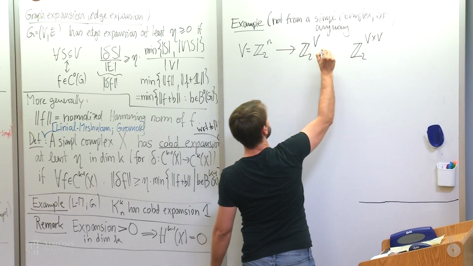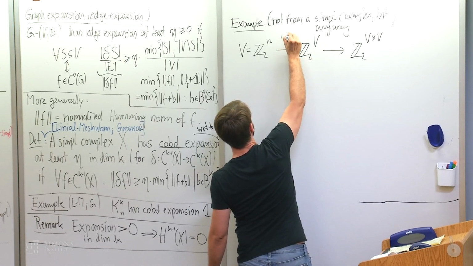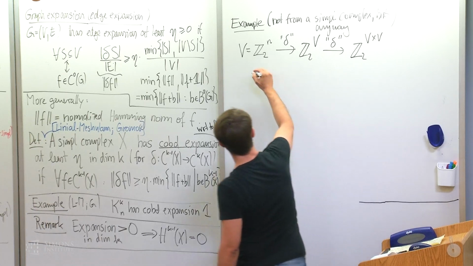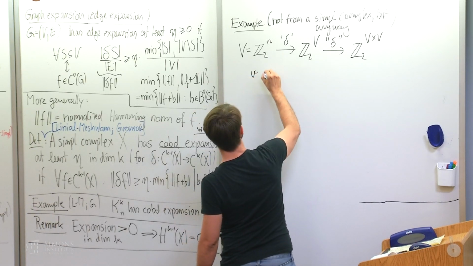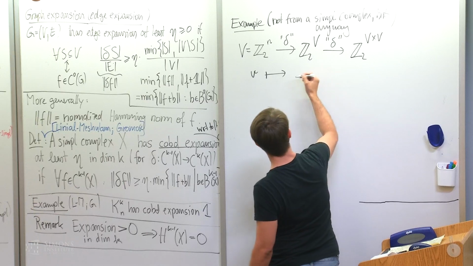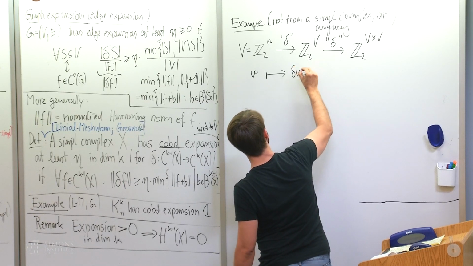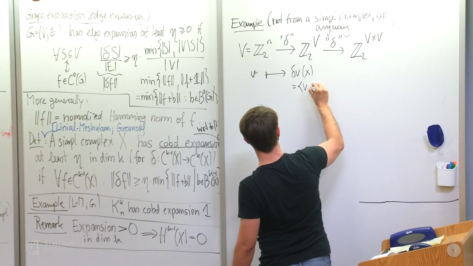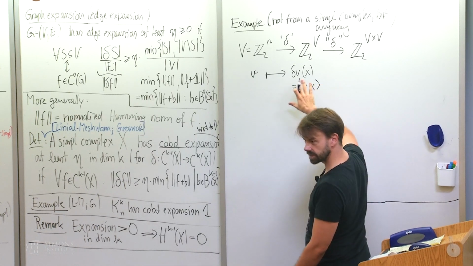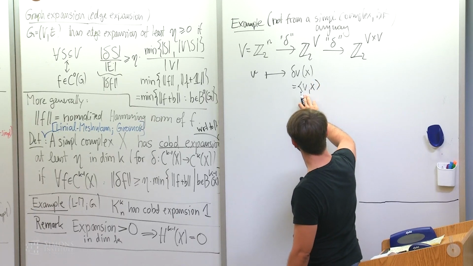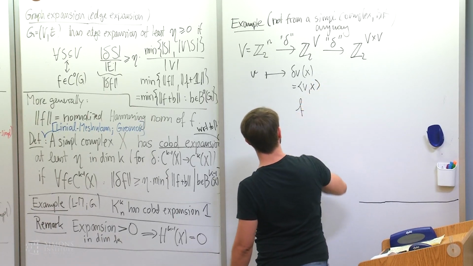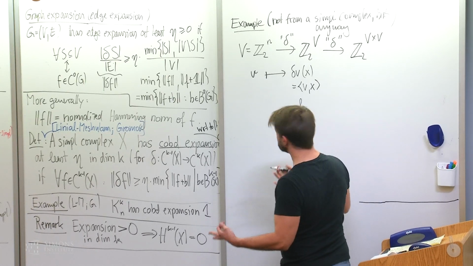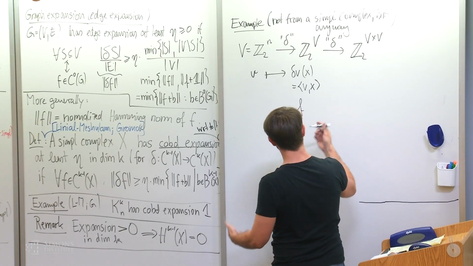So we can put them into a diagram like this, where here we just take a vertex and we map it to the function that eats an element and just sends it to the linear function defined by v. And if we have any function, we can send it exactly to the test whether it's linear locally.